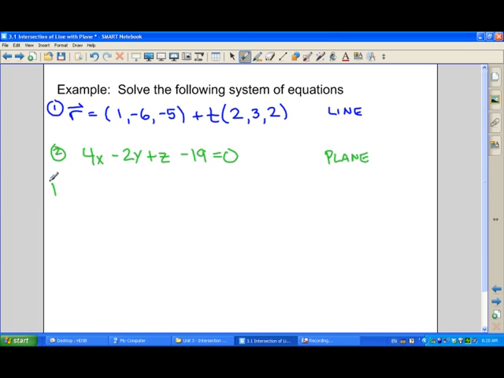So we need a plan as we approach this. What we're going to do is rewrite equation 1 using our parametric equations.